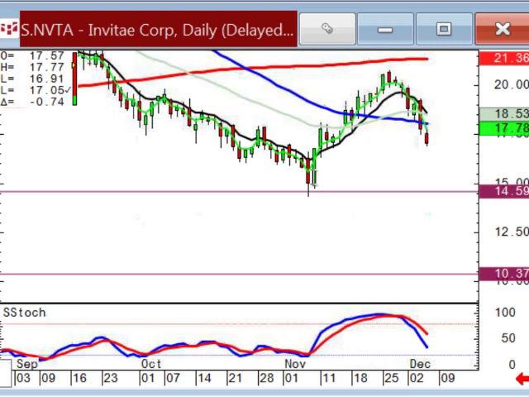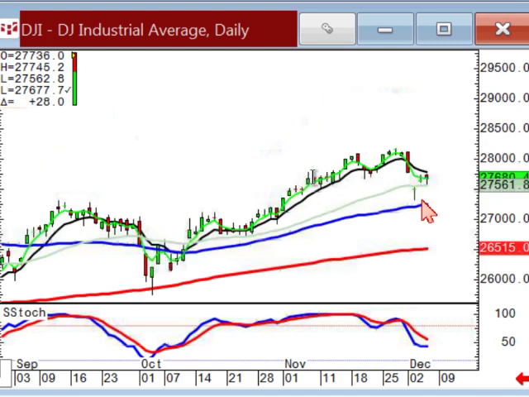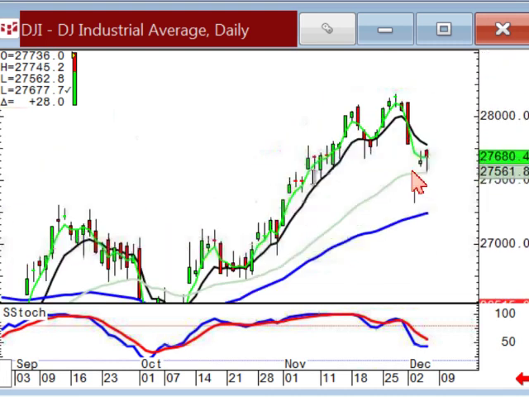All right, let's go back to this, the Dow. You can easily analyze when it's time to buy. You can analyze when it's time to sell. And then you can analyze when you don't know which way it's going. There's still enough bullish and bearish charts out there that if you have 10 positions on, maybe you have 5 longs and 5 shorts.